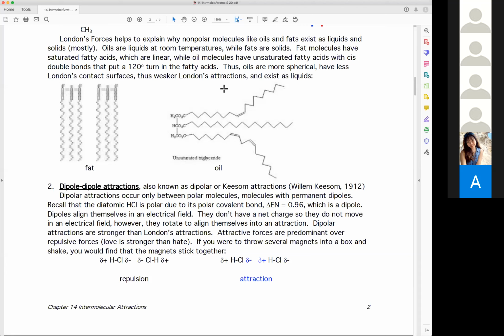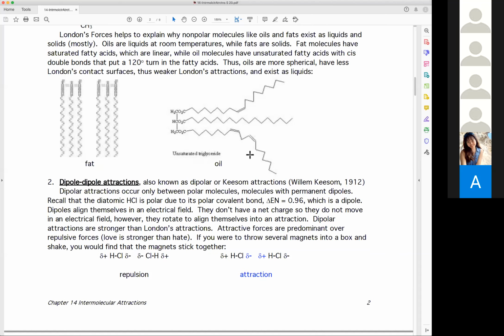The difference is that in unsaturated fatty acids, like this one right here, you have these double bonds. See that? And double bonds in nature are almost always in the cis configuration. What that means, if you take the two carbon atoms that are in the double bond, one thing goes off that way and another thing goes off that way.